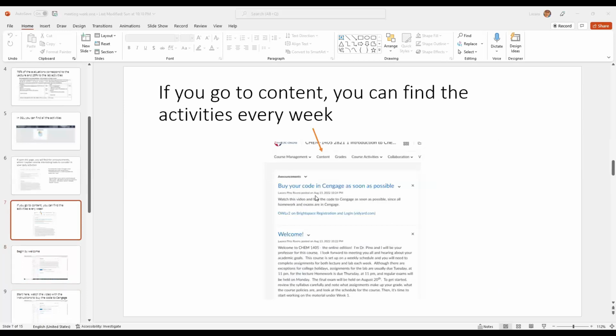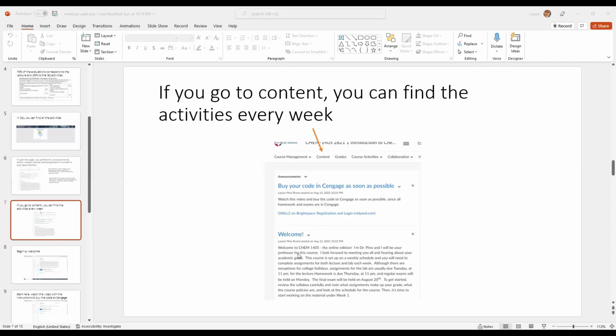You will have a PowerPoint with the lecture. You will have the link to the homework in OWLv2, and also you will have the lab report, the quiz, or the worksheet.